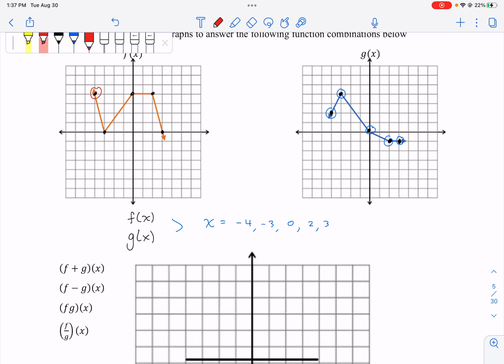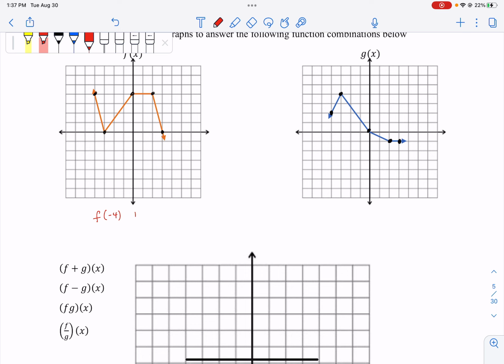I'm going to do this pretty fast, and hopefully you'll be able to follow along. But if we have to add all the y values at every single point over here, here's what it becomes.